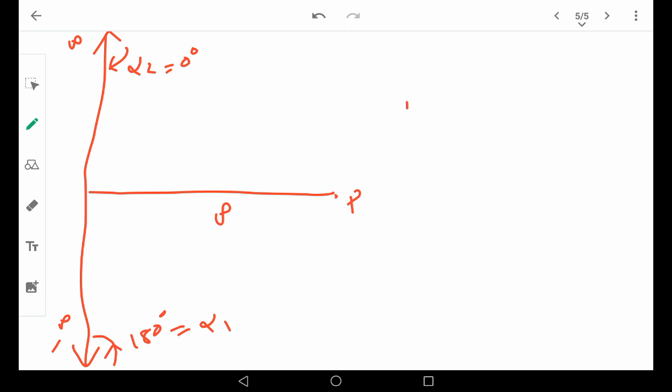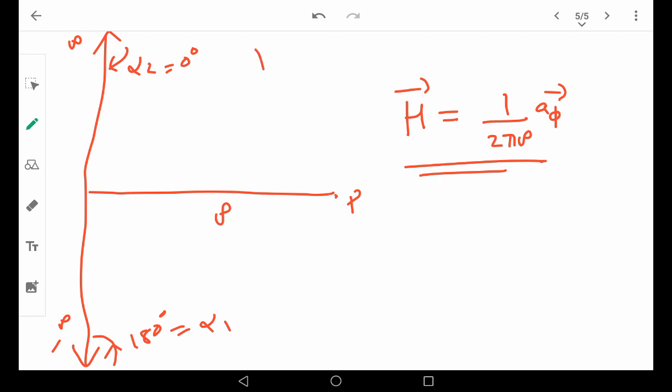In that case, H will have the value I by 2 pi rho, for the infinite filamentary conductor.